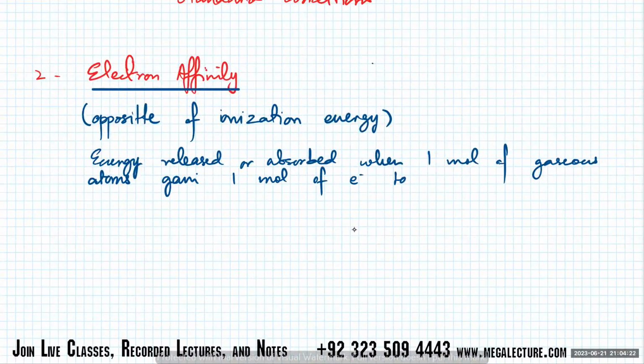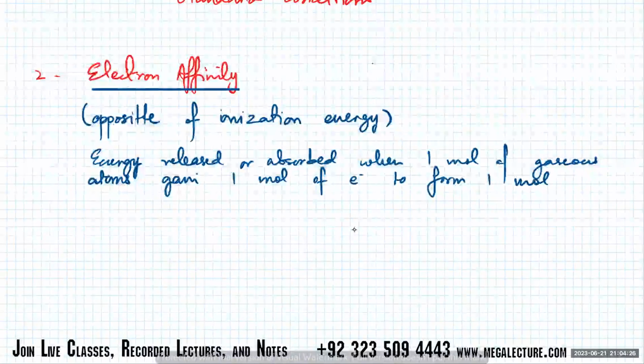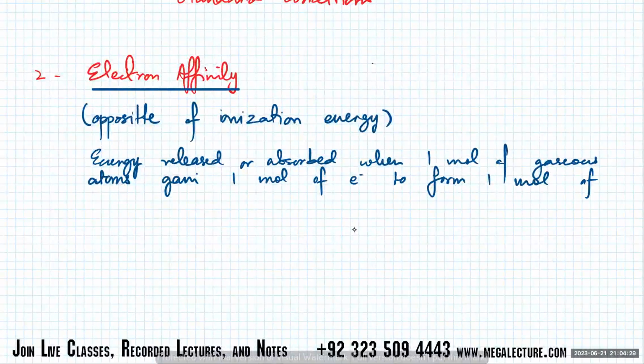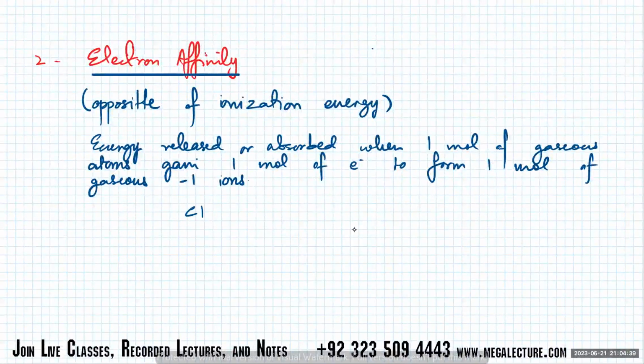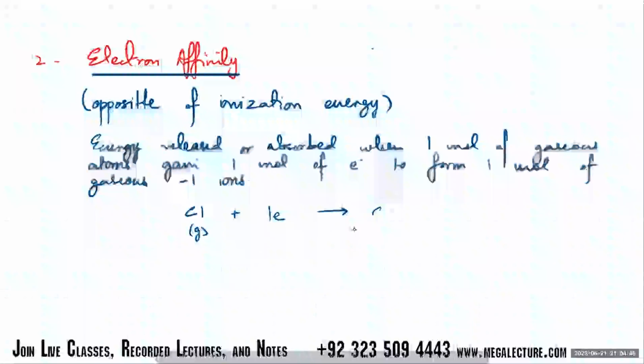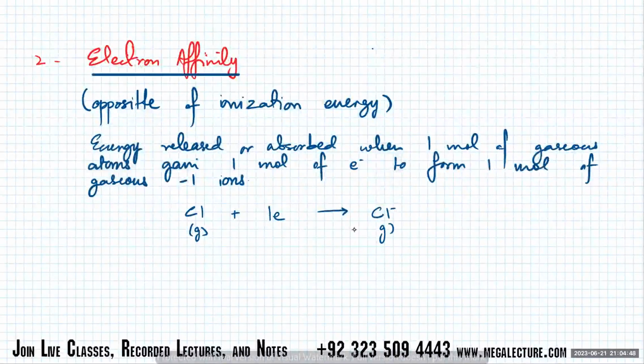to form 1 mole of gaseous minus 1 ions. So exactly the opposite. There you were removing electrons, here you're adding electrons. So I've got a Cl atom, 1 mole of gaseous atoms, and it ends up gaining 1 electron and it will form Cl minus 1 gaseous ions.